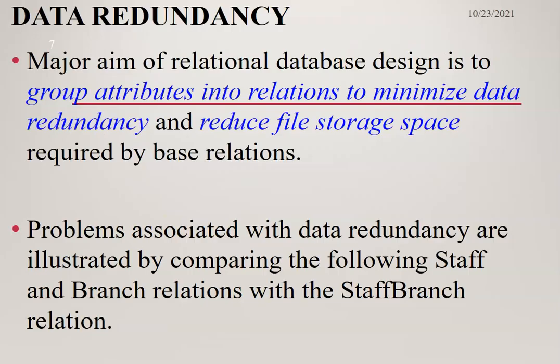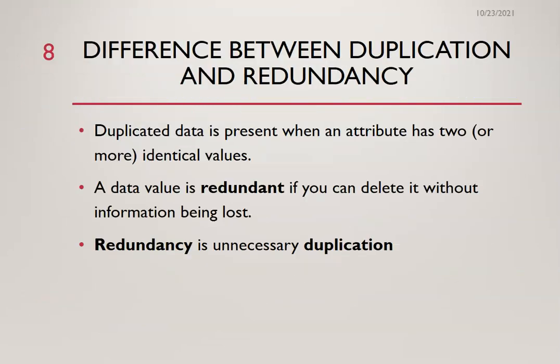The problems associated with data redundancies are illustrated by comparing the following relations, as we shall see them. But before we go to redundancy problems, I thought that we need to understand what redundancy is and what duplication is, because sometimes these two words are used interchangeably, but they are actually different.